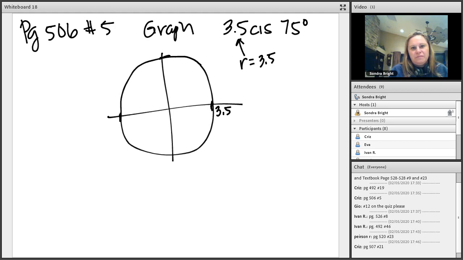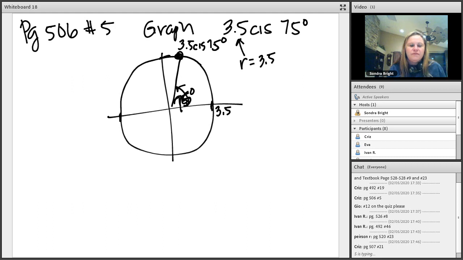There you go. That's 3.5 cis 75 degrees. It's as easy as that. It's that point right there. You don't need the line, but this angle is 75 degrees.